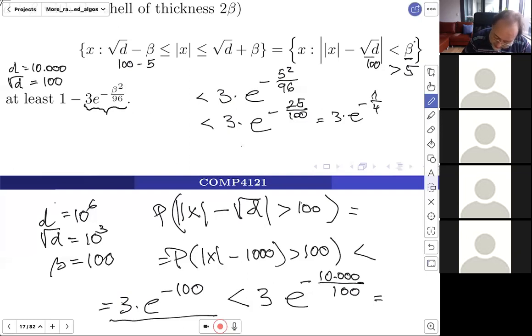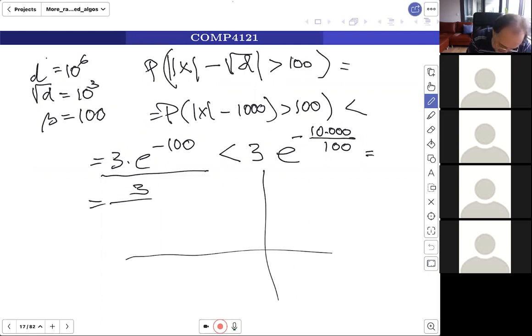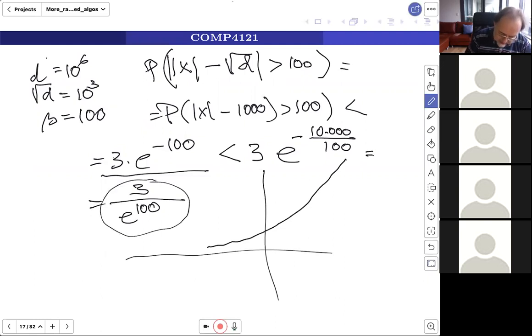E to the minus 100 is extraordinarily small, right? Because e to the x looks like e to the 1 over, so this would be 3 divided by e to 100. So e to 100 is gigantic.